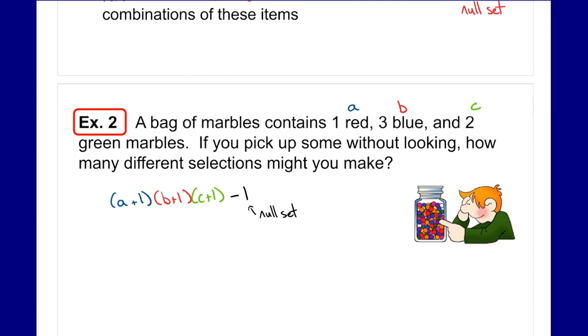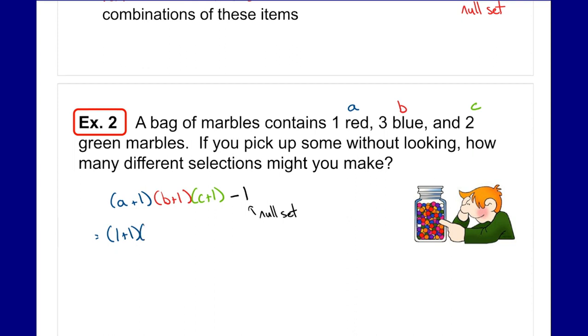Because again, I could pull 1 blue, or I could have 3 different choices for pulling blue, plus the 1 choice for not selecting any. So when we go to our scenarios, we have A plus 1, or 1 plus 1, because I could pull the 1 red marble, or I could not pull it.